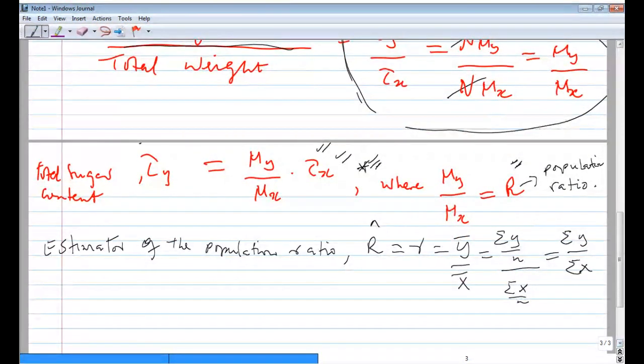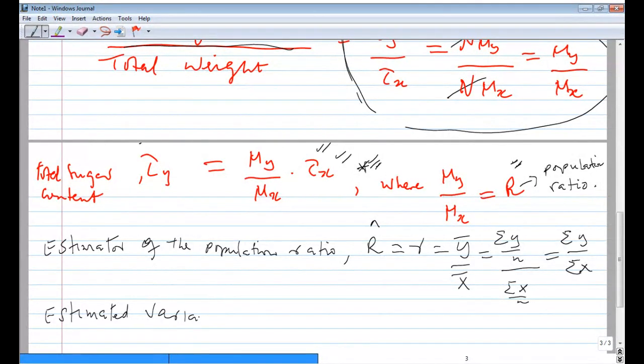So now, if you want to find the estimated variance of that estimator, in other words, the estimated variance of the estimated population ratio, okay? I just want you to write it down in words so that you can follow.